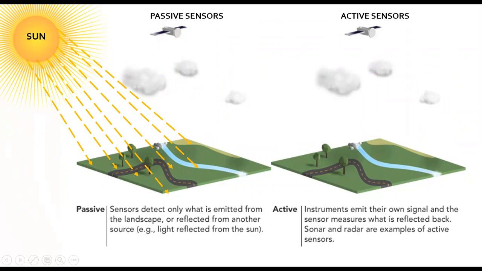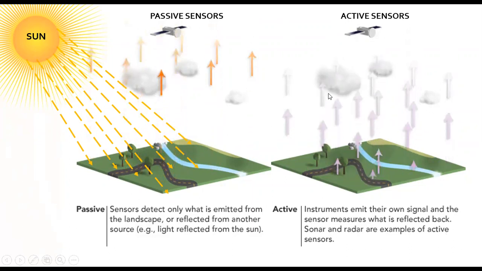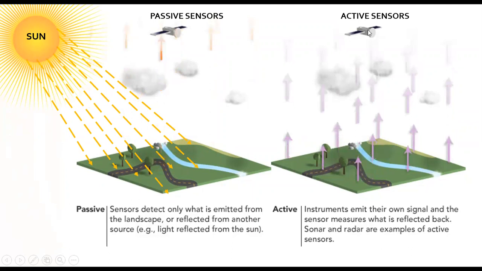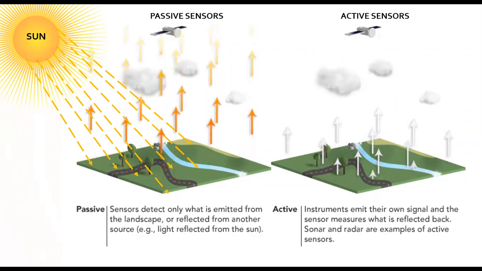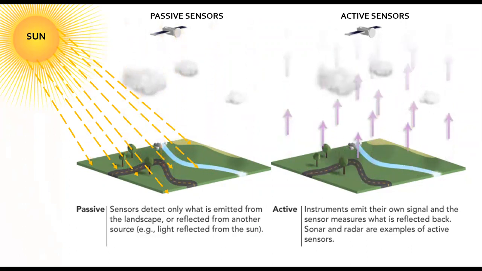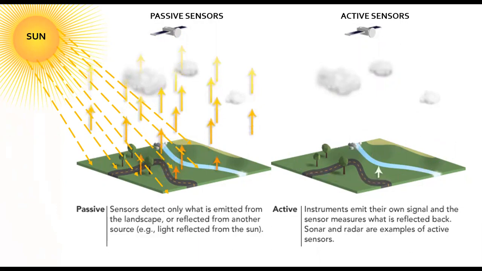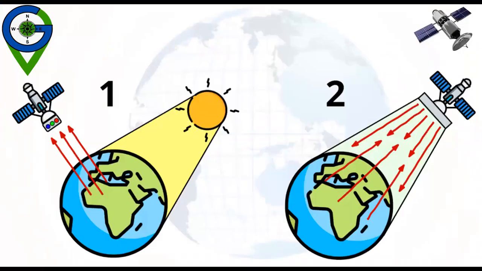Then the active sensors produce their own energy and emit their own signals, and the sensor measures what is reflected back. Okay, like the examples are sonar and radar. So sonar and radar are examples of active sensors.